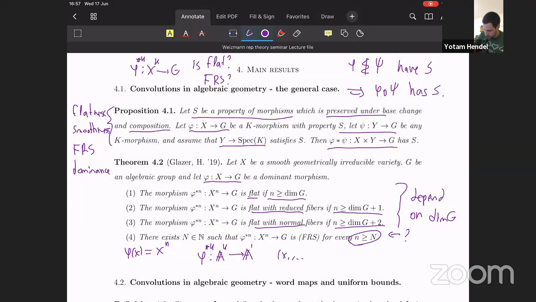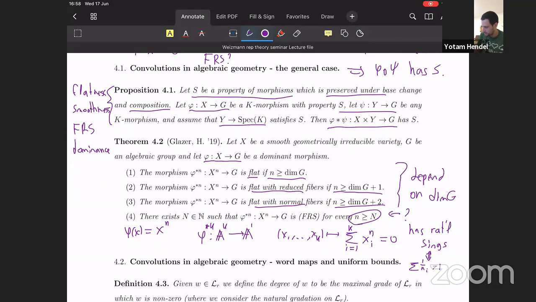Sending these to their sum. And as we've seen before, if we consider the fiber over 0, then it has rational singularities if and only if 1 over n is greater than 1.